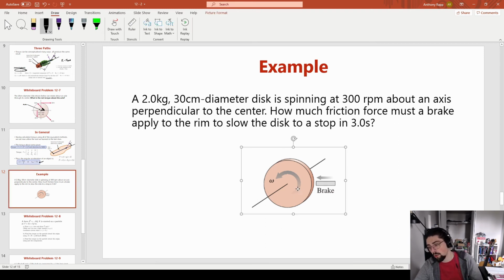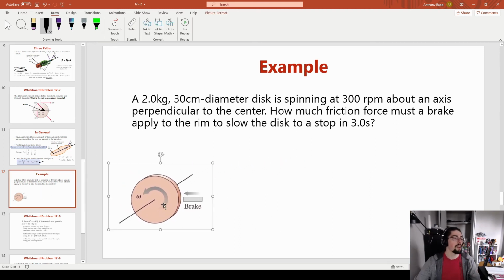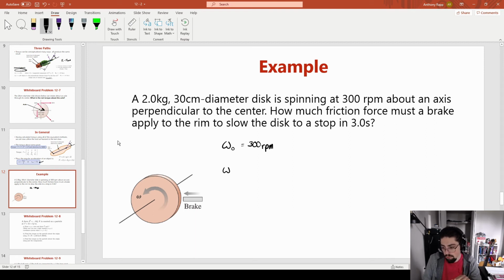The first thing that I'm actually going to do, let me move this over to the side so that we can talk about this. So I want to stop this thing in 3 seconds. I think about that. I'm moving at a speed. Omega initial is 300 RPM. Omega final better be 0.